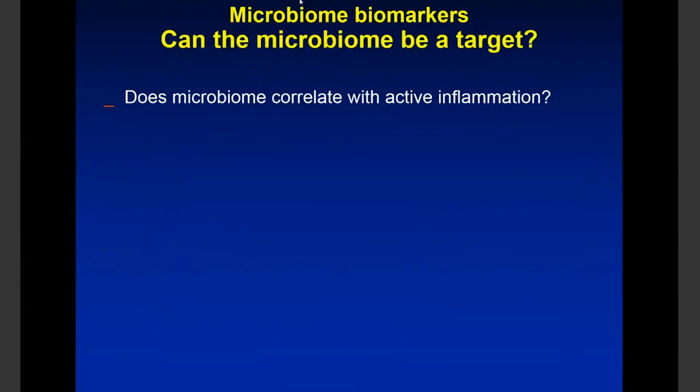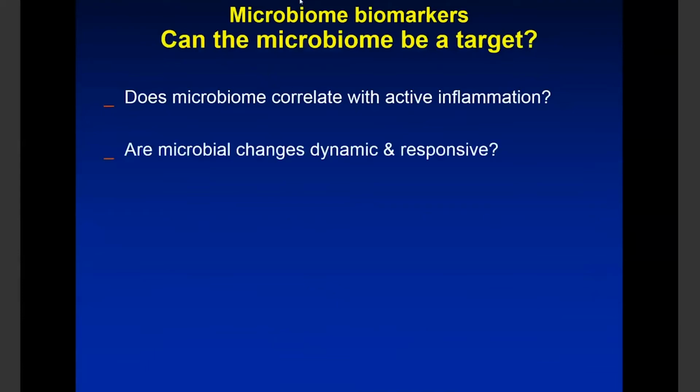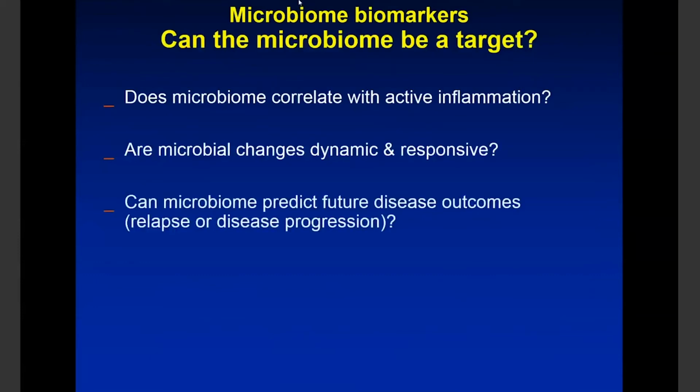The three questions that we want to answer when we are considering the microbiome as a treatment target or as a biomarker are: 1. Does the microbiome correlate with active inflammation? 2. Are changes observed in the microbiome dynamic and responsive to changes in inflammatory status? And 3. Can the microbiome predict future disease outcomes?